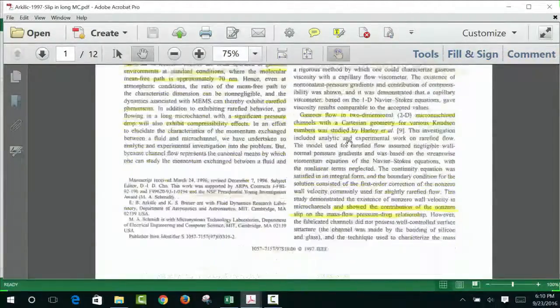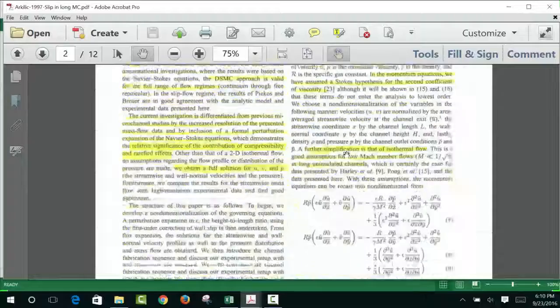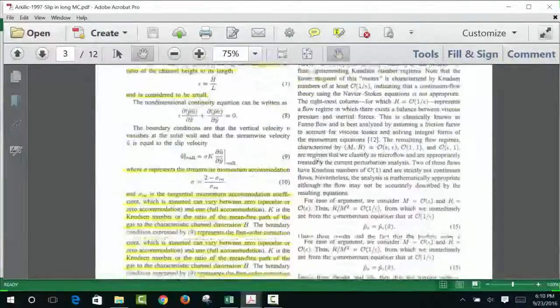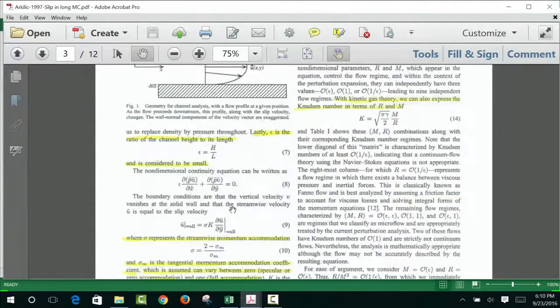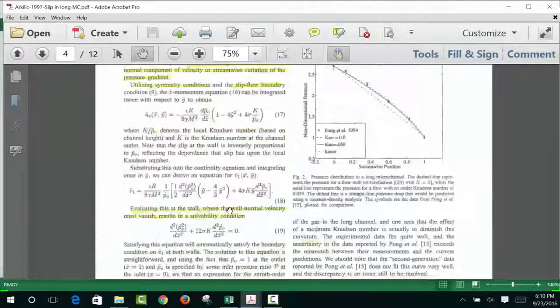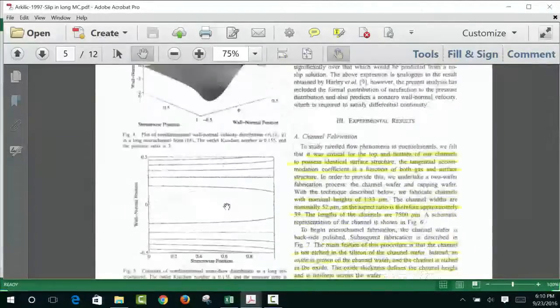They ended up making a channel small enough so that the lambda becomes comparable to the length scale, and then the Knudsen number is high enough so that they can actually have slip, right? And then they can compare the slip.